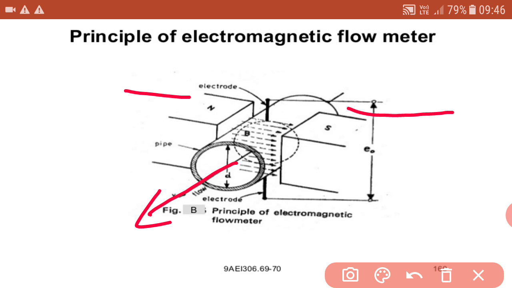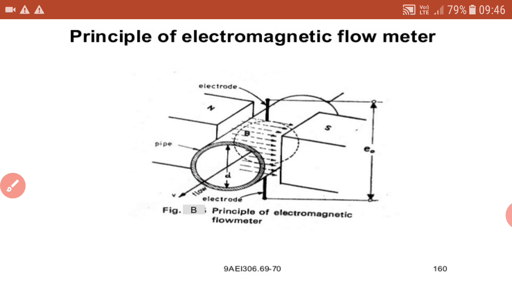Here we can see the electrodes connected with the pipe, and voltage is generated in between these two electrodes, and it is E0, the output voltage. So this is the principle of the electromagnetic flow meter.